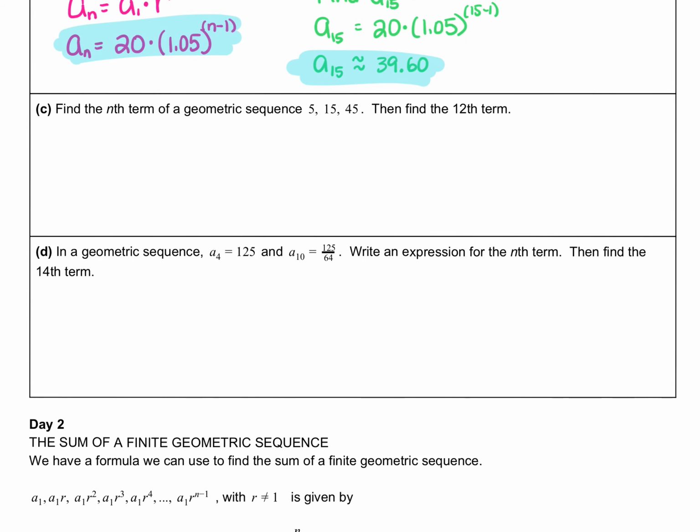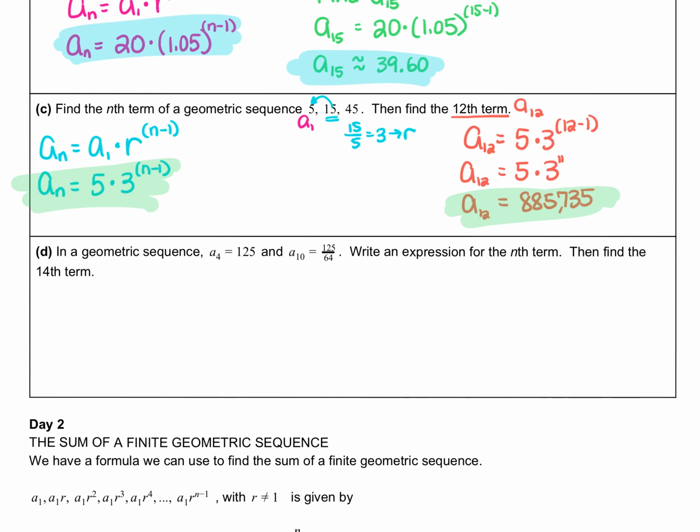Okay, why don't you go ahead and try part C as well, come back and check your answer, and then we'll do D together. Once again, I used the pattern that I was seeing and wrote my nth term. I did use that process we talked about before, which was taking any term and dividing it by the term in front to figure out what r is. I was given my first term, so I can write my equation pretty easily.